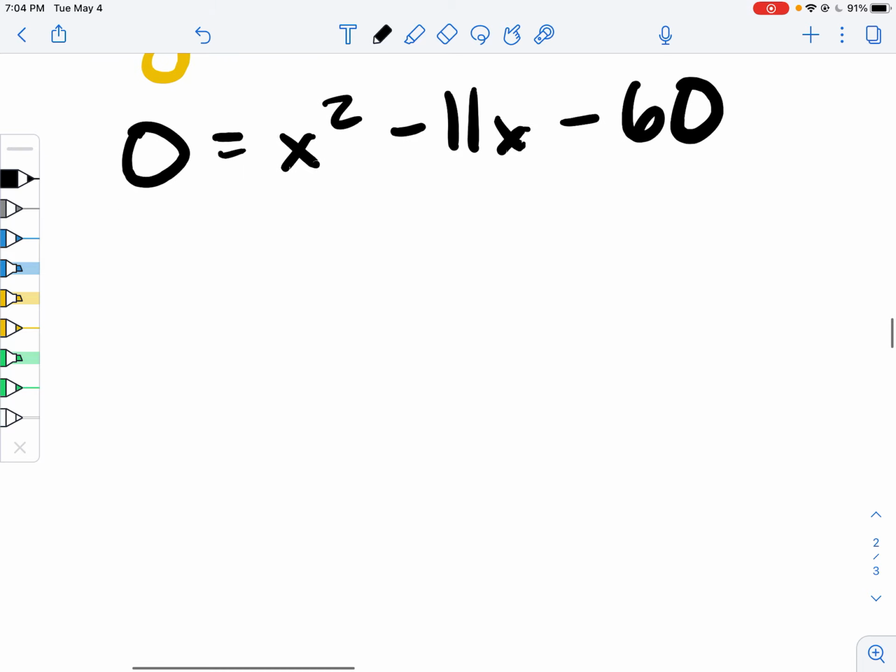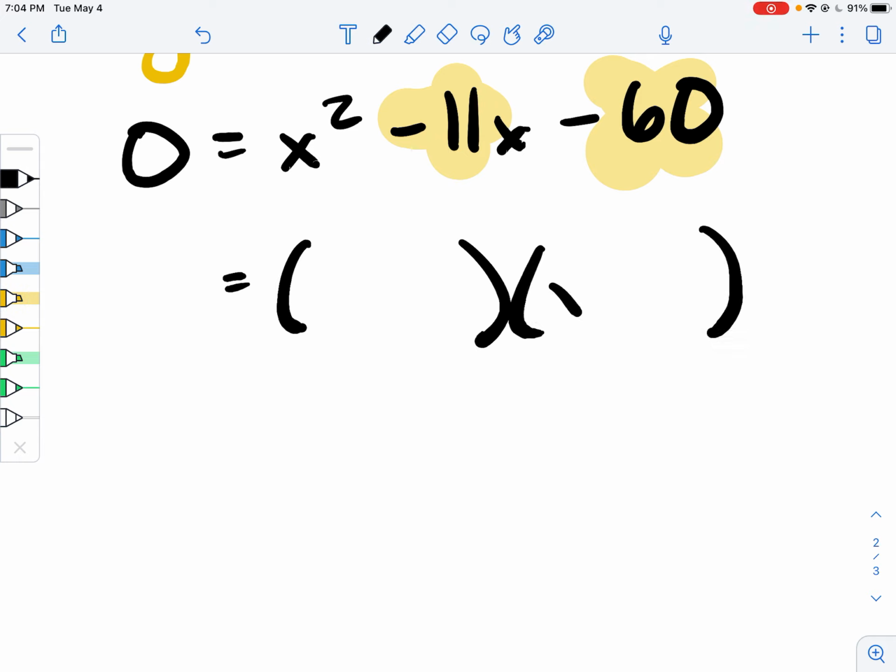We're going to look for a number that adds to negative 11 and multiplies to negative 60. And by a number, I mean two numbers. So what's that going to be? How about negative 15 and 4?